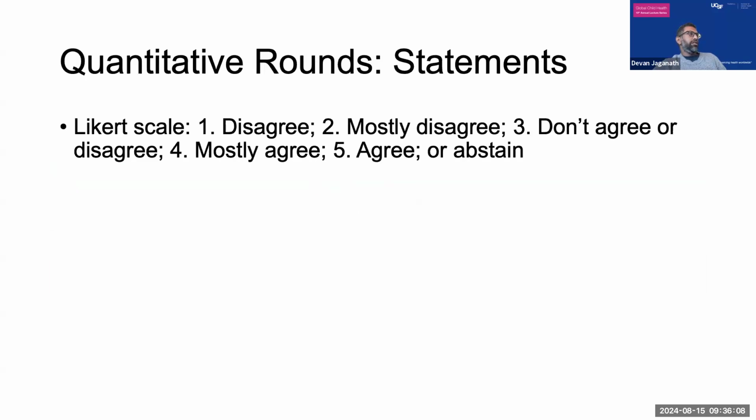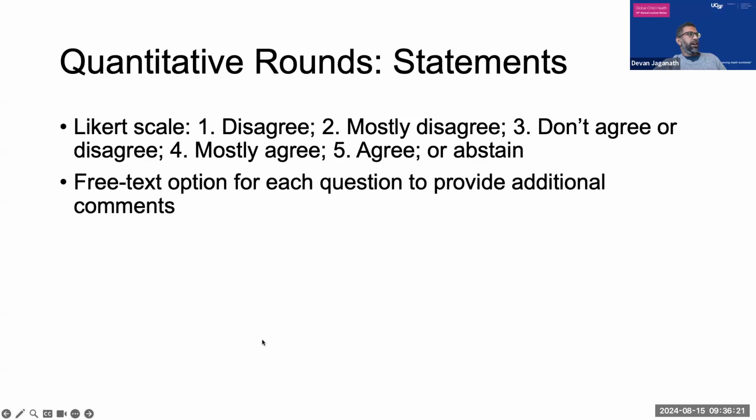And then we had quantitative rounds in which the participants could vote on whether they agreed or disagreed on these statements based on a 5-point Likert scale. And if they disagreed or they had any comments, they could always enter it.